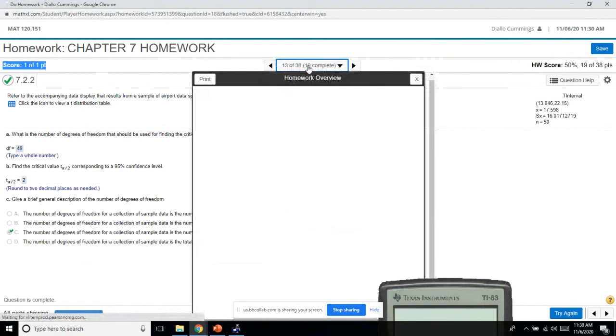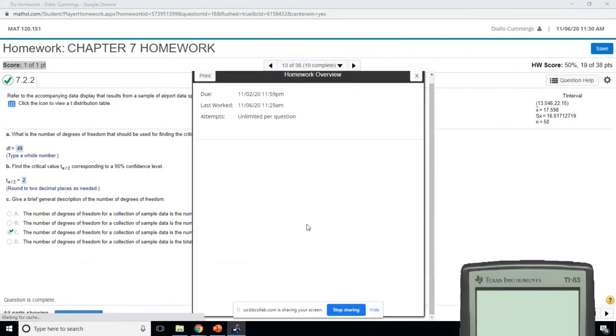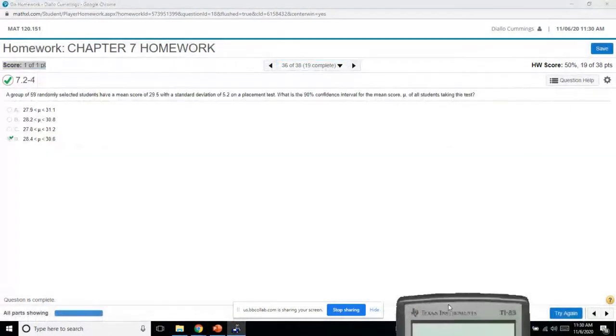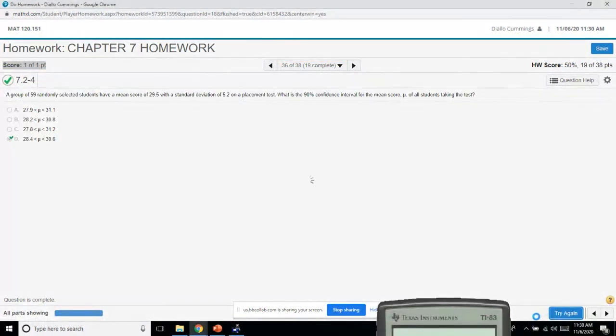So we're going to take a look at problem number 36. Can I actually generate another example? So here we're given that a group of 59 randomly selected students have a mean score of 29.5 and a standard deviation of 5.2 on a placement test.